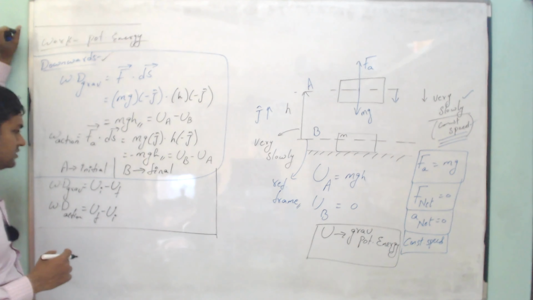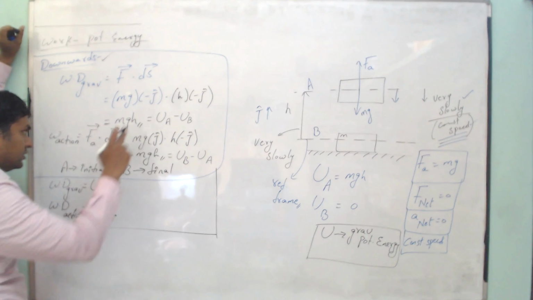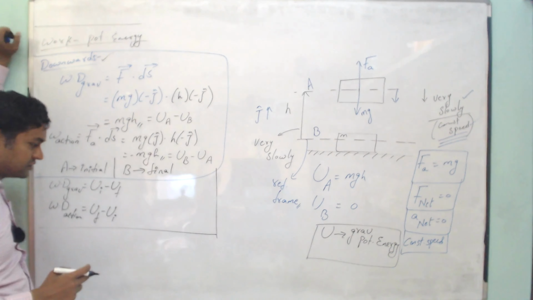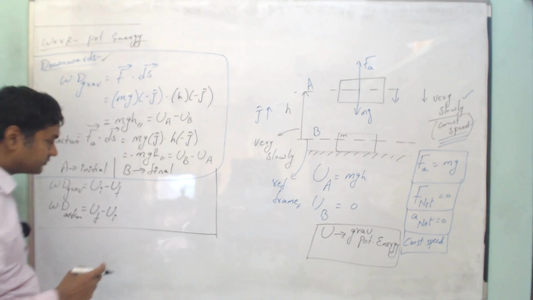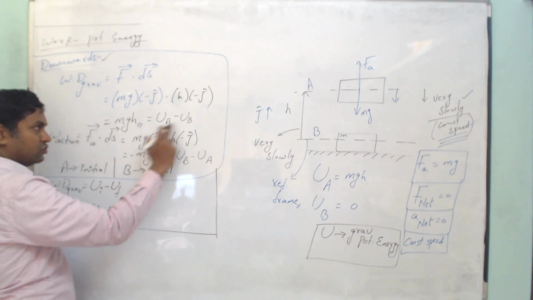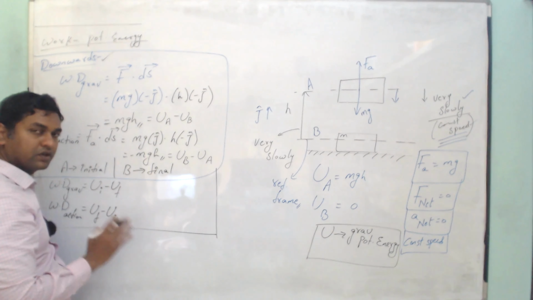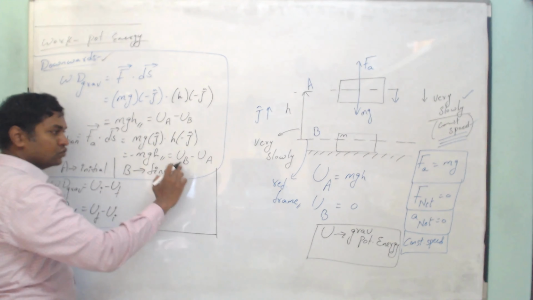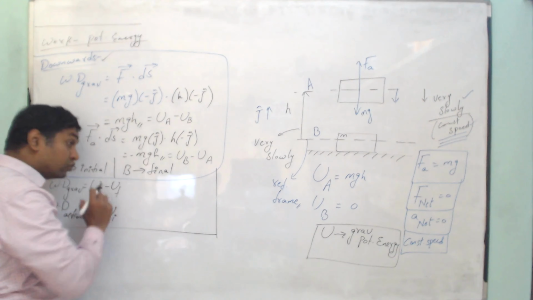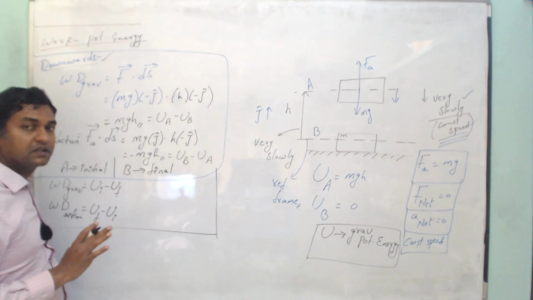So work done by gravitational force, I got it as UA minus UB. A is initial, B is final, so UI minus UF. Okay. Yes, sir. UF minus UI. U is what? Gravitational potential energy.